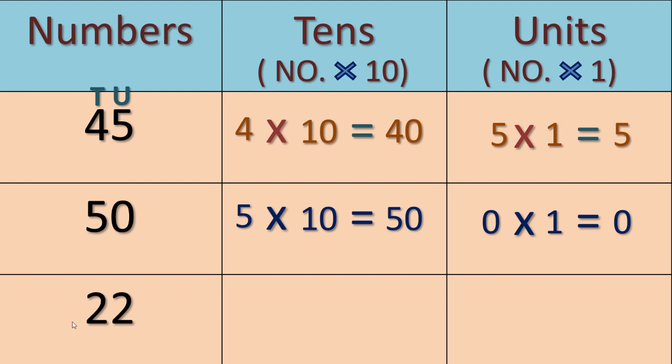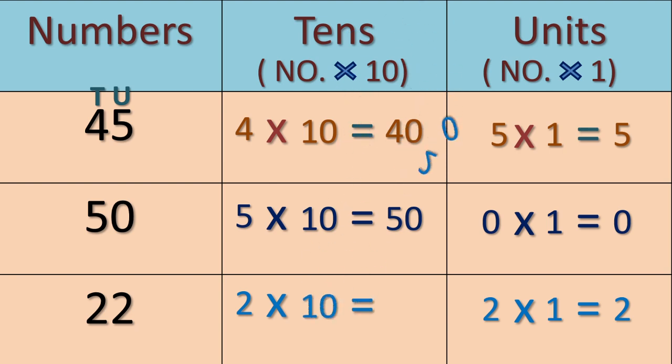Here you can see the same number twice. 2, 2, 22. Correct? Now we will take these 2 first. 2 multiplied by 1, that is 2 ones are 2. Now we will take this 2. 2 multiplied by 10, that is equal to 2 tens are 20. Got this, children? Yes.